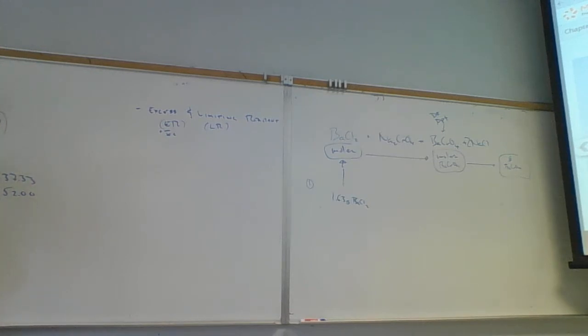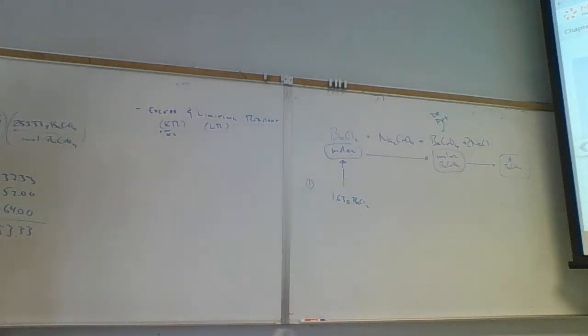4 oxygens is 4 times 16.00 equals 64.00. Did I get that right? 253.33. So 253.33 grams of barium chromate for every mole of barium chromate.